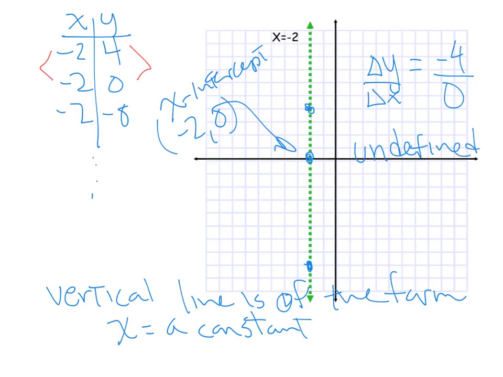You can try that on your calculator, you get an error. It makes sense because dividing by a number is asking the question, what times that number gives you the numerator? So what times 0 gives you -4? Nothing. This is not possible. This is undefined. So we call this slope undefined.